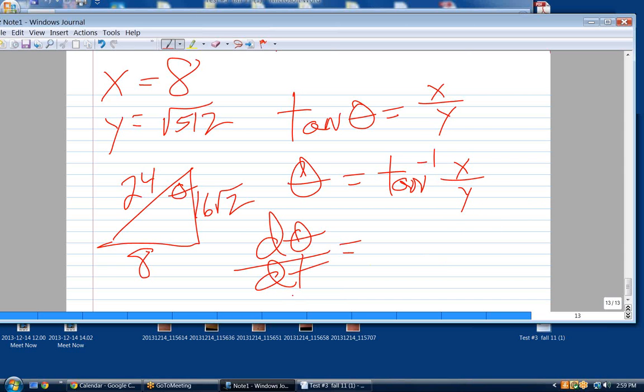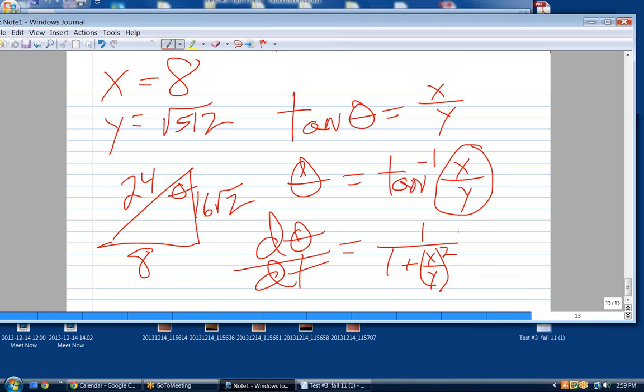Now d theta/dt is 1 over 1 plus (x over y) squared, times the derivative of the inside. Let's go through the derivative of the inside.